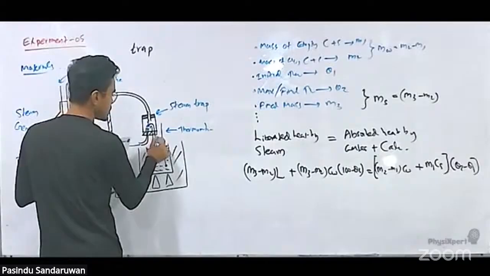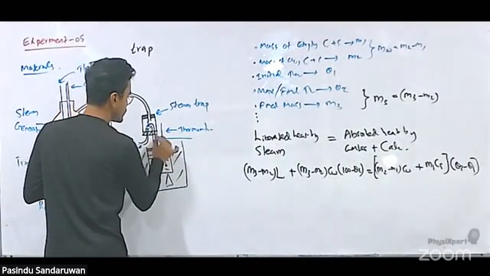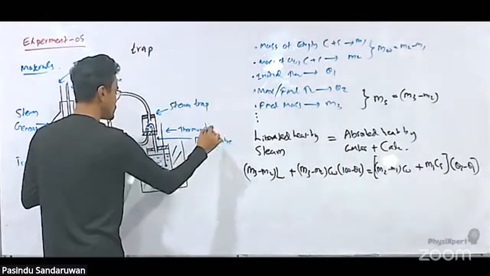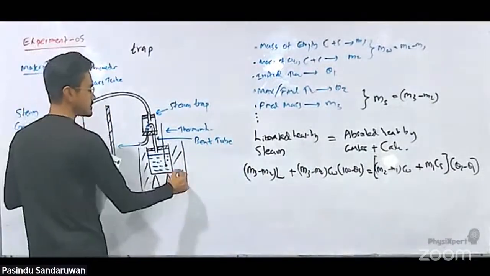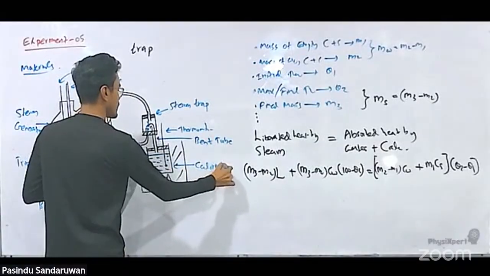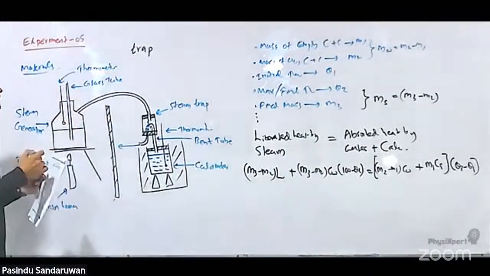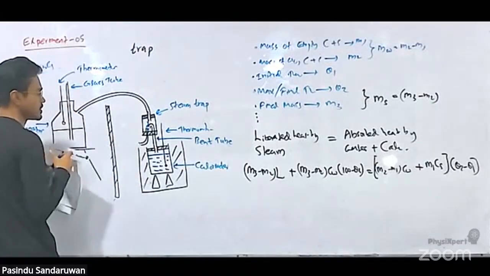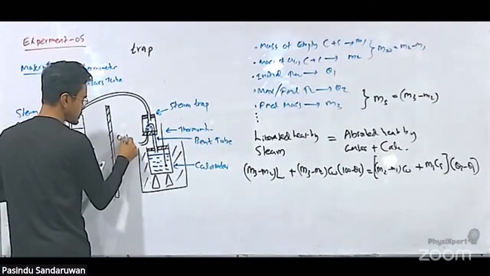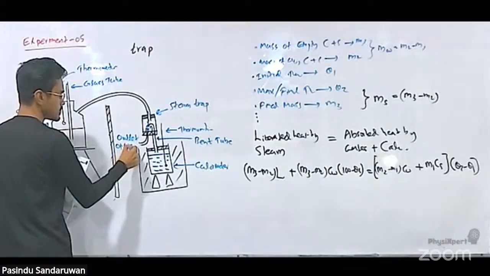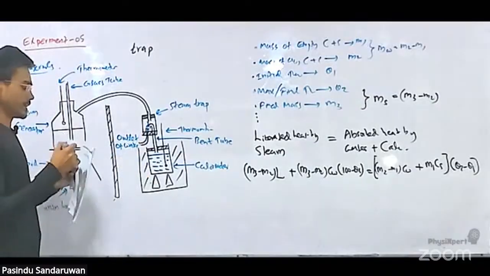This is called the bent tube, right? Calorimeter, right? This is the outlet of water, right? Take down.